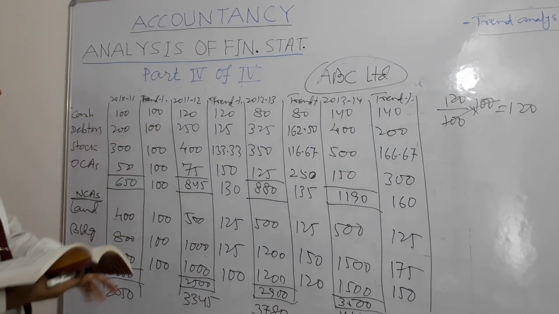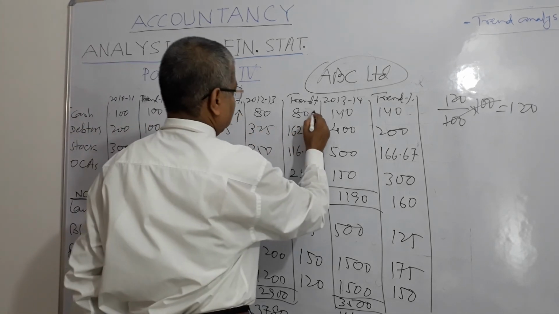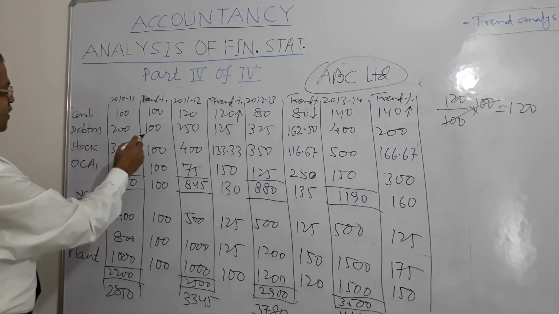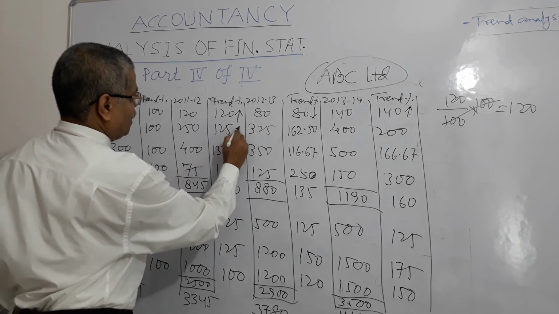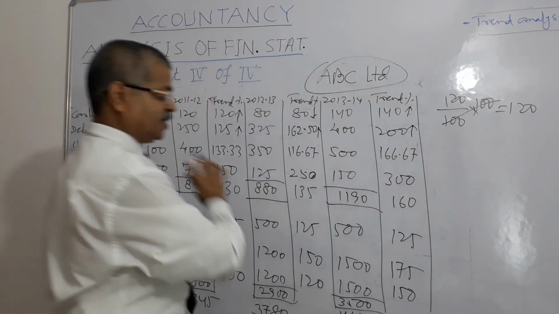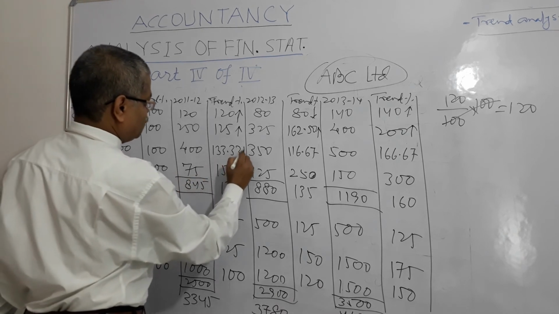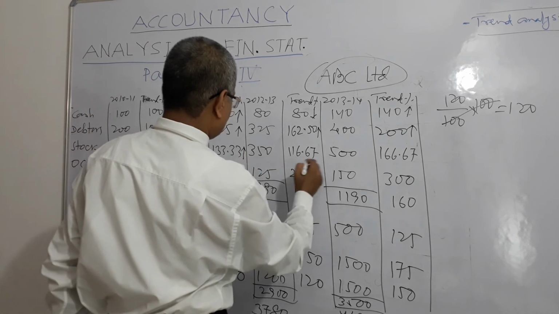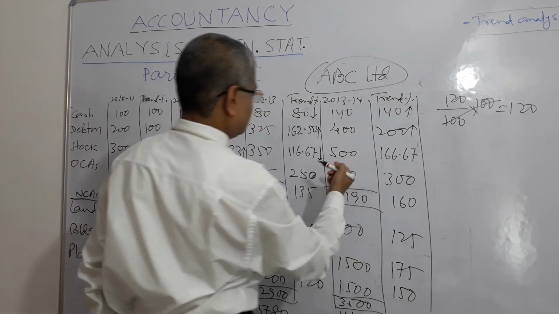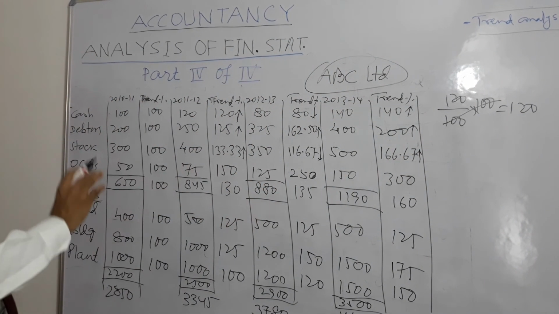In cash, sometimes it increases, sometimes it goes down, and once again it increases. In respect of debtors, it goes up, and once again it goes up, a continuous trend of increase. In respect of stocks, from 100 it goes up to 133, then it goes down to 116, then it goes up. So goes up, down, up.